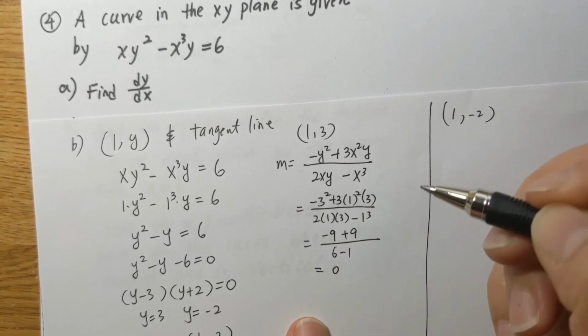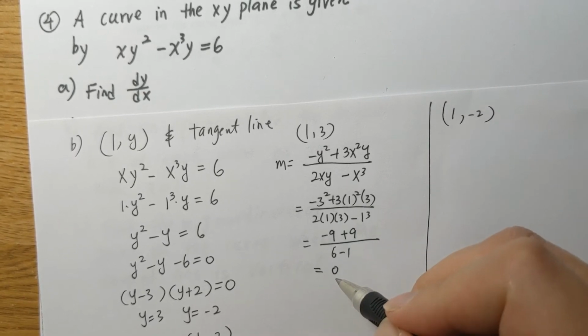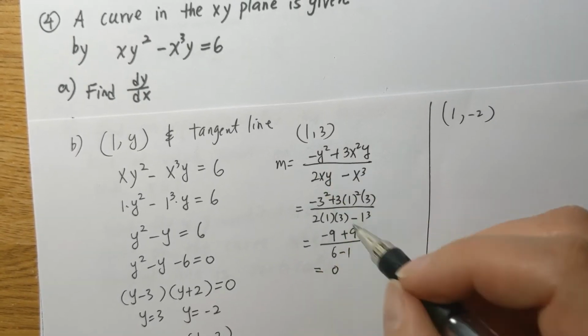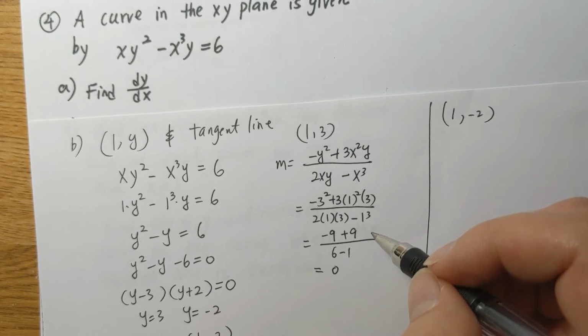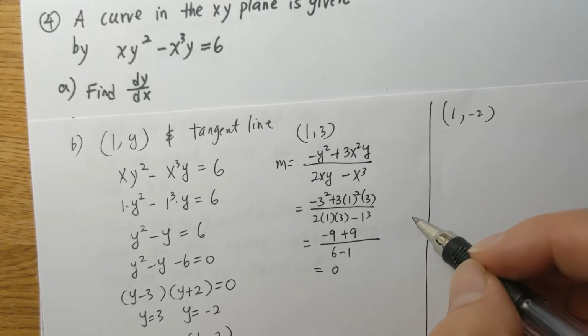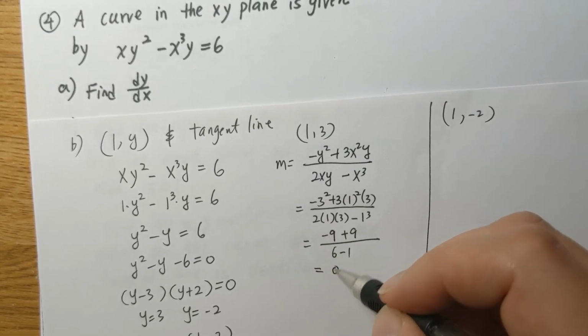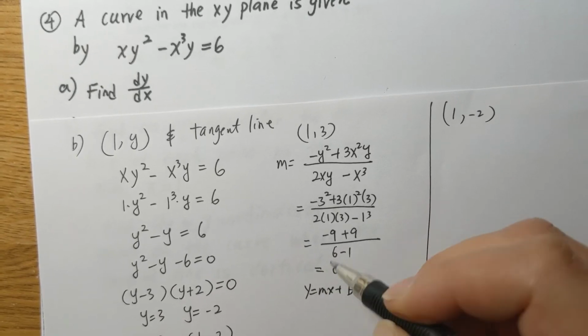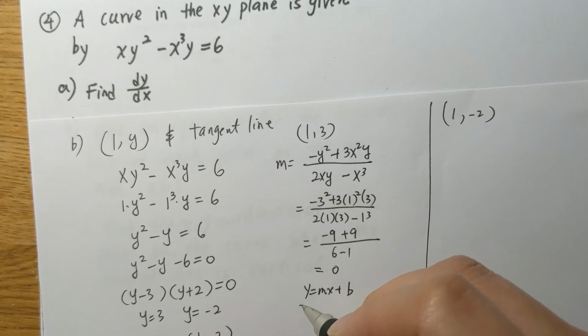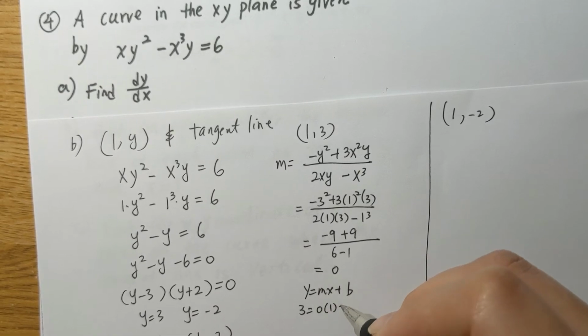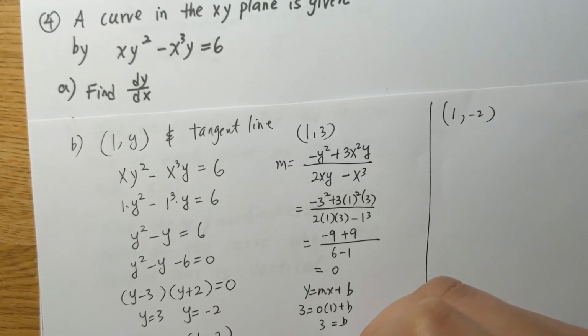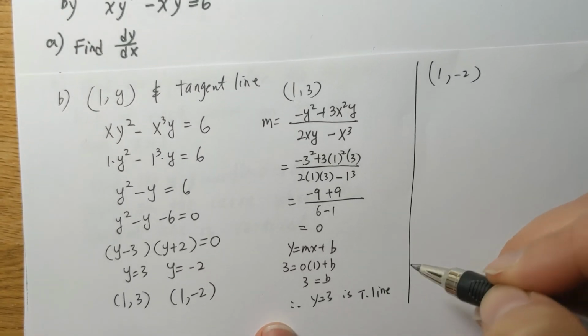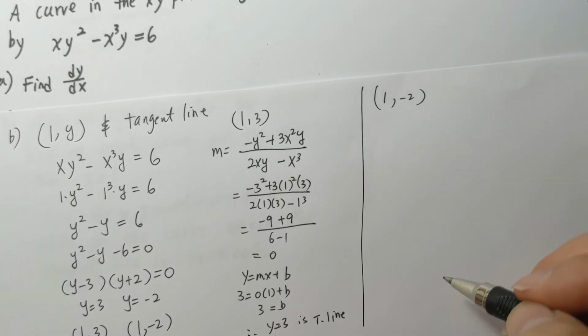Okay, so that's 0. So when m equals 0, then we know that the y had to be equal to 3 as a horizontal tangent. So we found that y equals 3 is the tangent line.